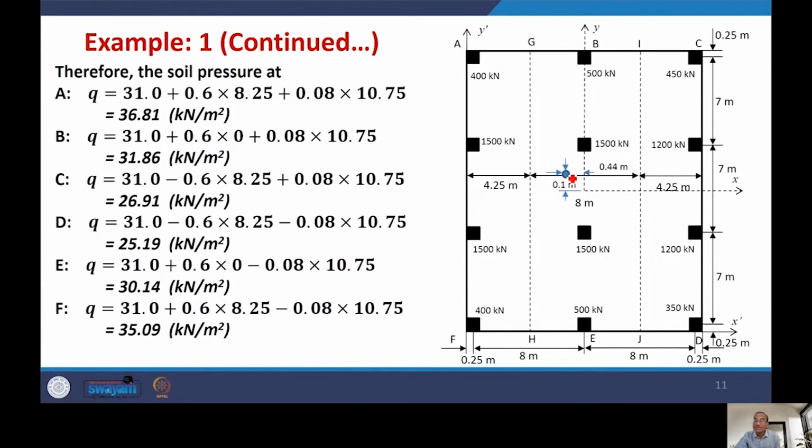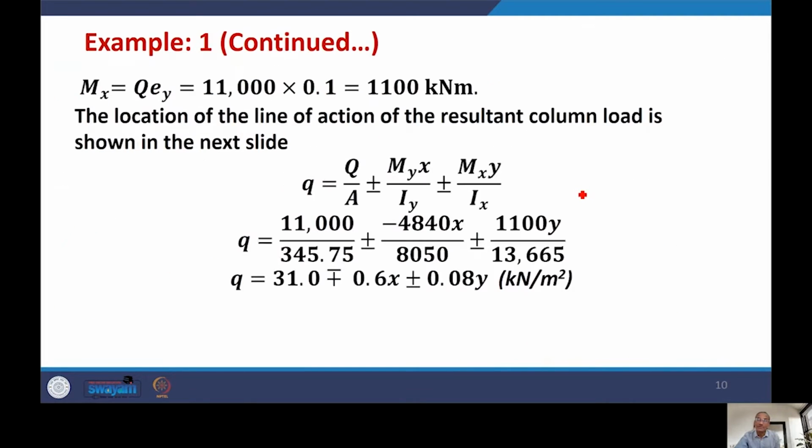This was your centroid with respect to geometry, and this is the centroid with respect to your masses. So all the four masses will act here. You have this distance as 0.44 meter in the x direction, and in the y direction 0.1, both in the positive direction.